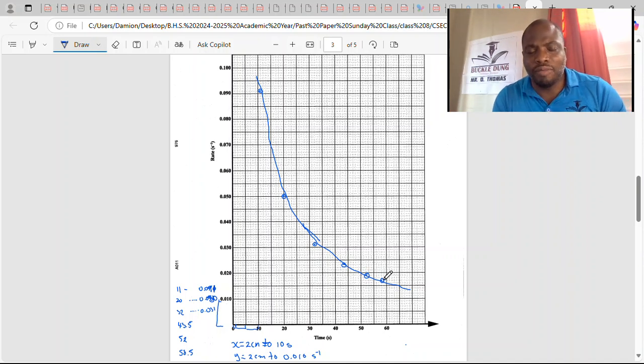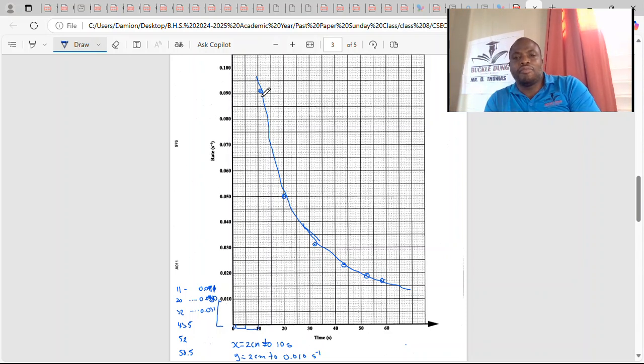Which one of them has the smallest radius? The top one, the first one. Definitely, because the smaller the size of the particle, the larger the surface area, which means it will create that reaction faster.